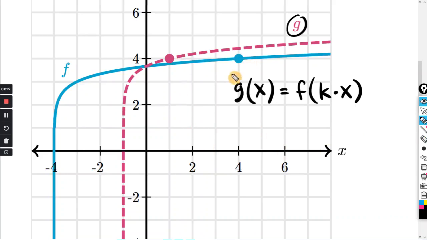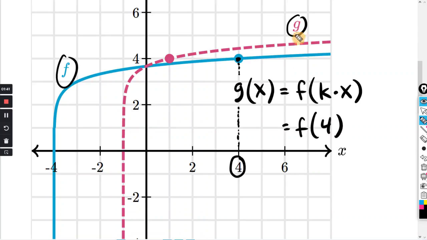F is the one in blue. That's the original. If we trace this down to the x-axis, x equals 4. So this point here on the f function is going to be f of 4. I'm going to write that underneath this here.